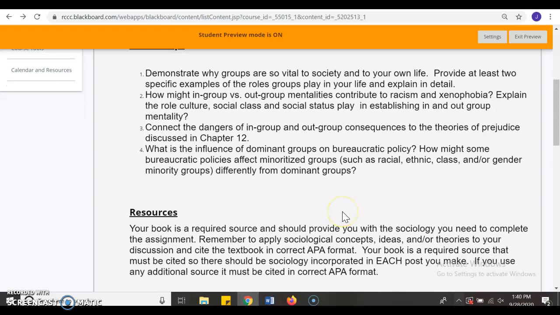Number 3, connect the dangers of in-group and out-group consequences to theories of prejudice discussed in Chapter 12. So there are about 5 different theories. One ties prejudice to frustration, one to insecurity and lack of education. What I would like for you to touch on here are the 3 major theories, functionalism, conflict theory, and symbolic interactionism, and what they say about prejudice.